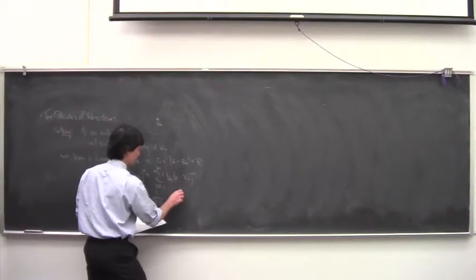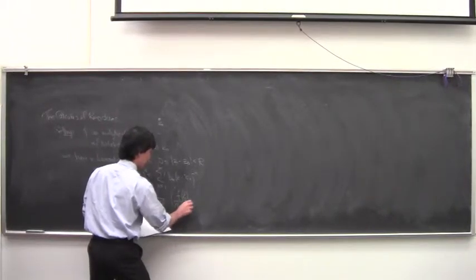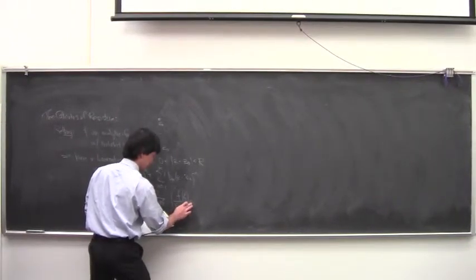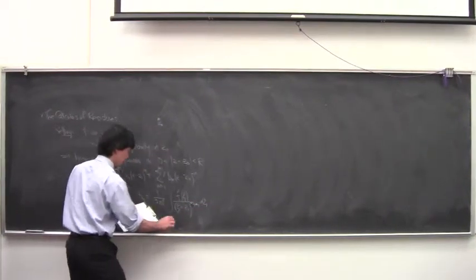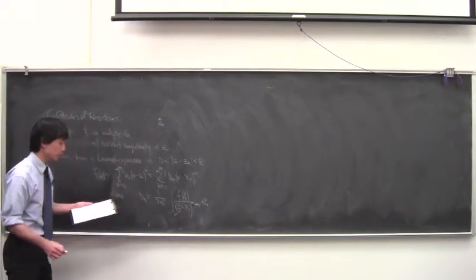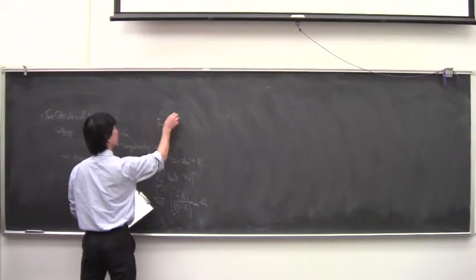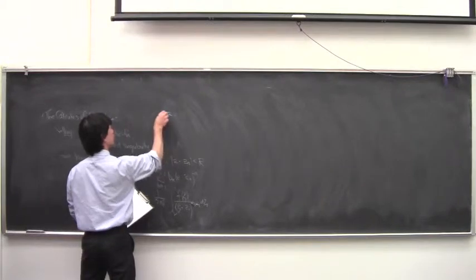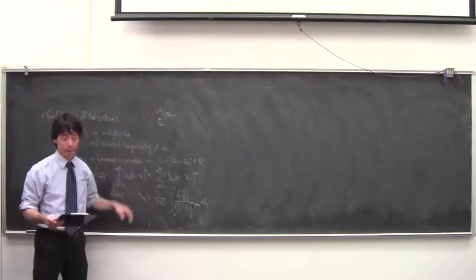These coefficients are calculated by taking these integrals over some gamma that is some simple closed path going around z naught.